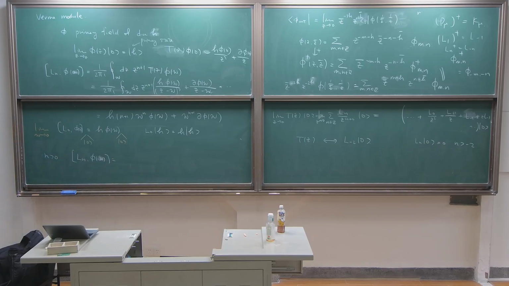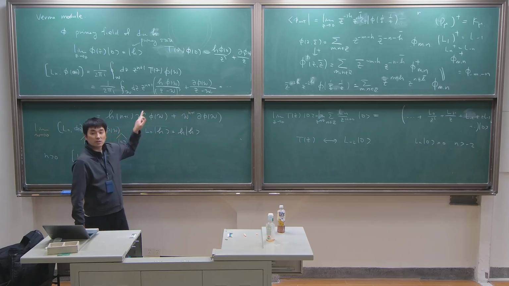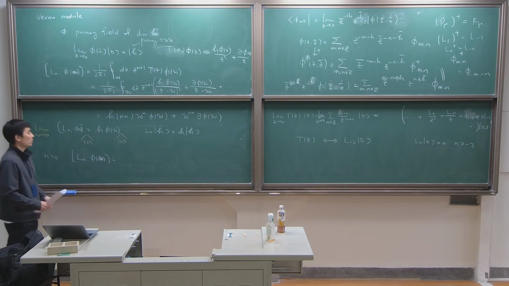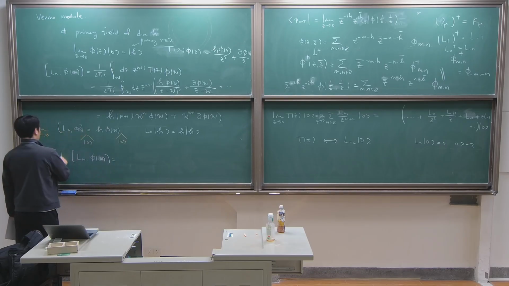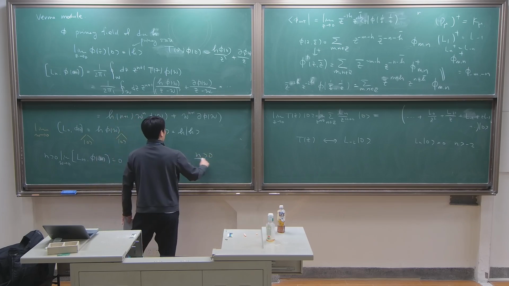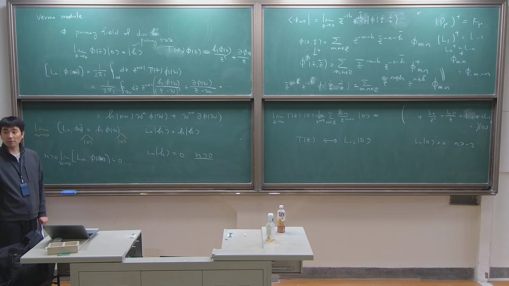So here everything is greater than 0. To see how it acts on the state, you have to take w goes to 0, and the limit as w goes to 0 always becomes 0. So this means that Ln acts on h is equal to 0 when n is greater than 0. So that's how the Virasoro mode acts on the primary field.